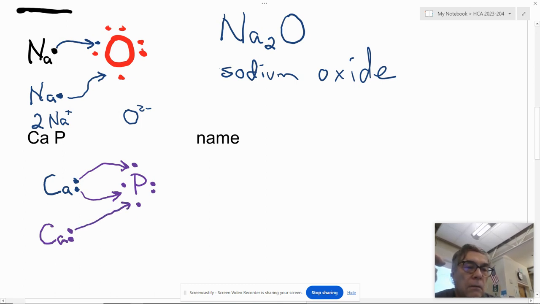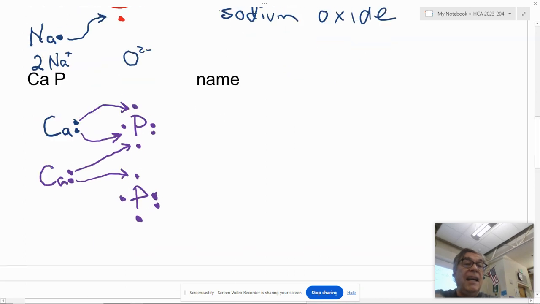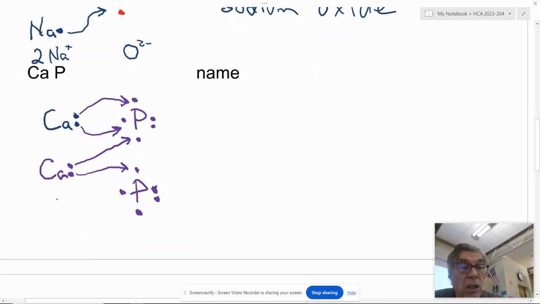Now we need more phosphorus. This electron now has a place to go. No, we need one more calcium.